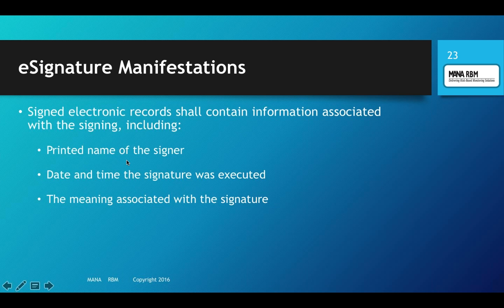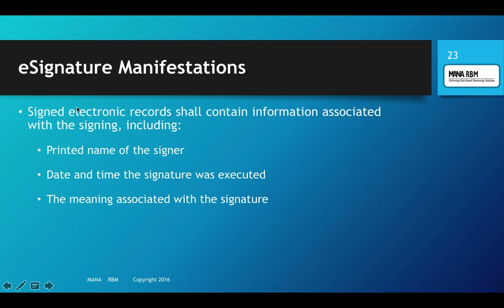As I said, as part of 21 CFR Part 11, when you do your e-signature and it comes out associated with that document, it needs to show the printed name of the signer, the date and time the signature was executed, and that attestation language or the meaning of the associated signature. And those need to be linked with that document.